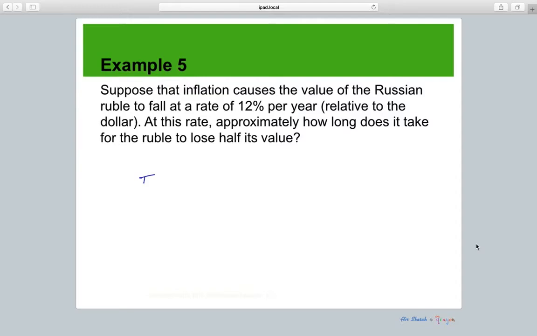So in this case, T-half is approximately equal to 70 over, in this case, 12. I'm just going to do this one in the phone calculator. And so that's 5.83 years.